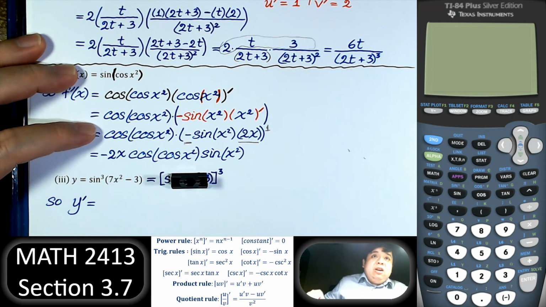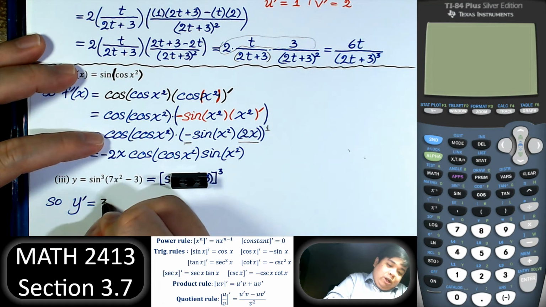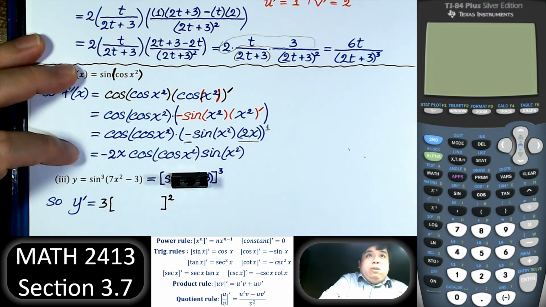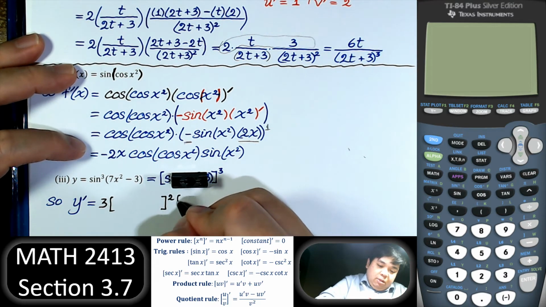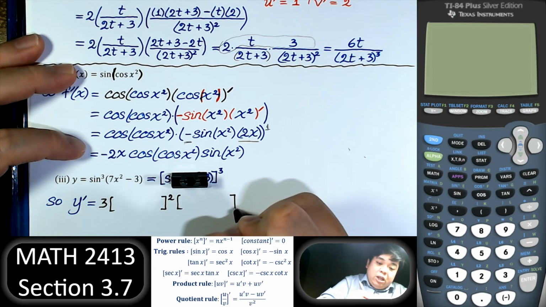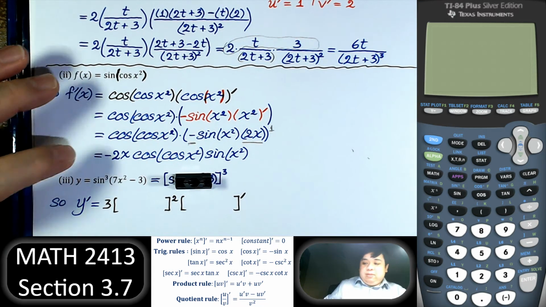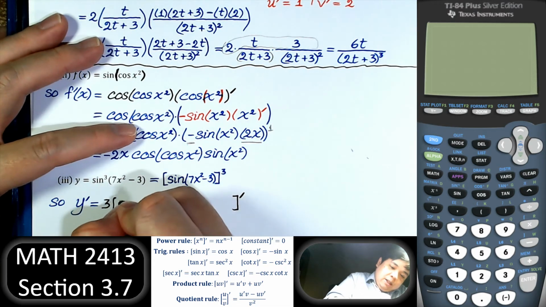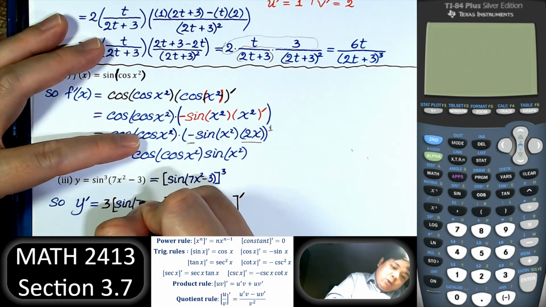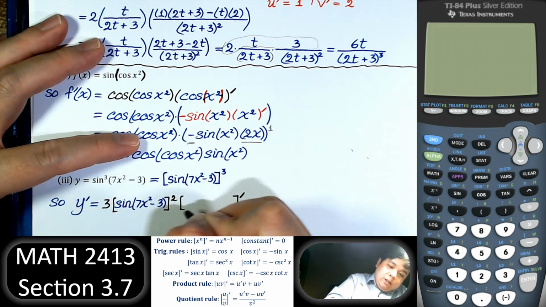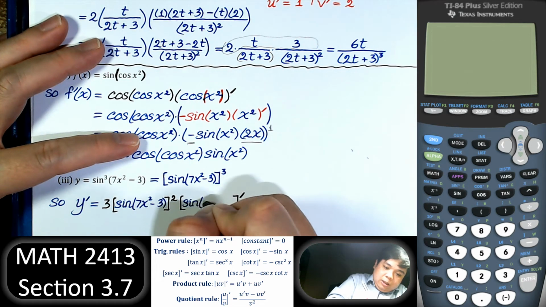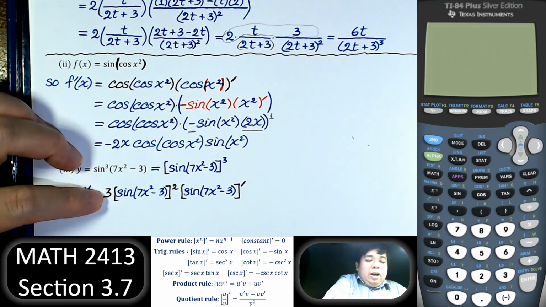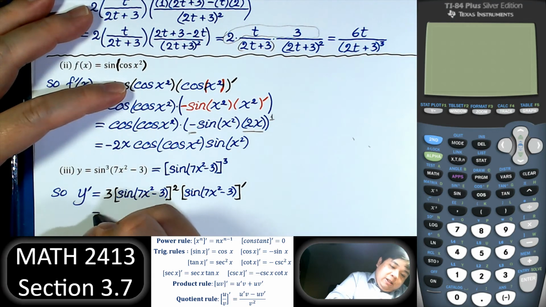So we have a bracket cubed. We have 3 times square. The derivative of something cubed is 3 times that thing squared. The chain rule says the derivative of that thing inside the bracket, sine of 7x squared minus 3. I'm just going to write this back.